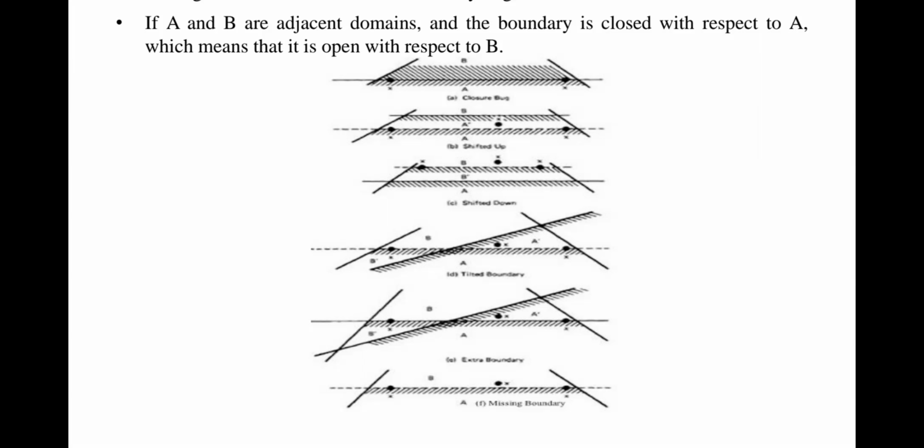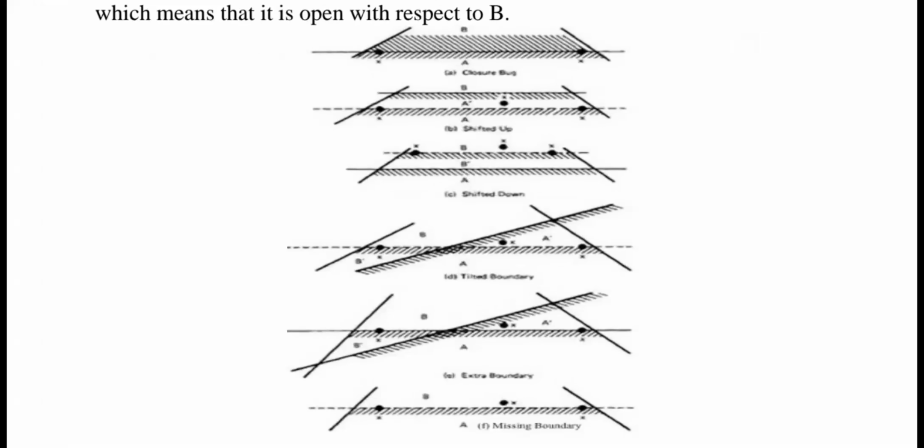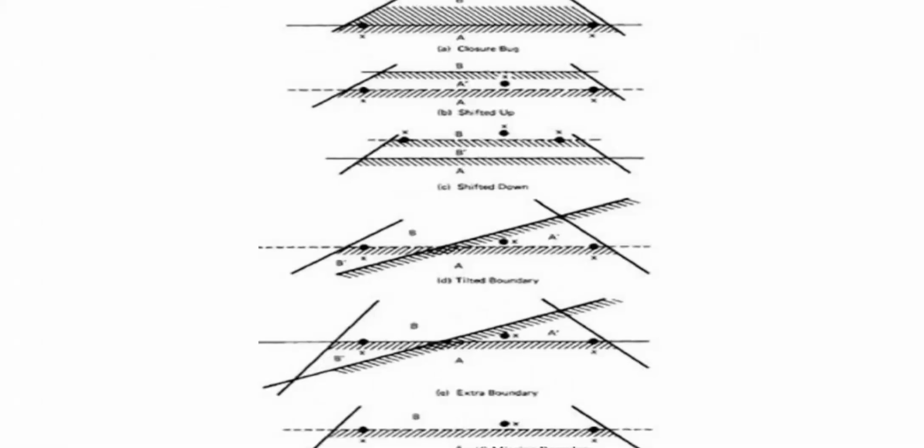Shifted down means the boundary shifted down. For shifted up, initially the A boundary has to be like this, but it shifted up to A dash. Next, B is normal, normally represented. Next is shifted down: initially B has to be in this position, but it is shifted to B dash.